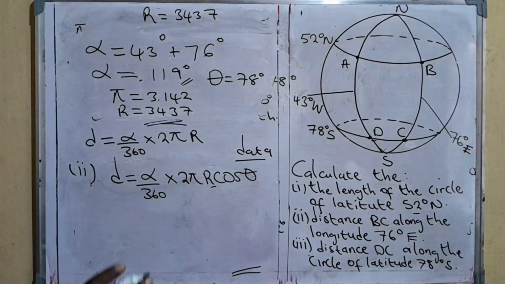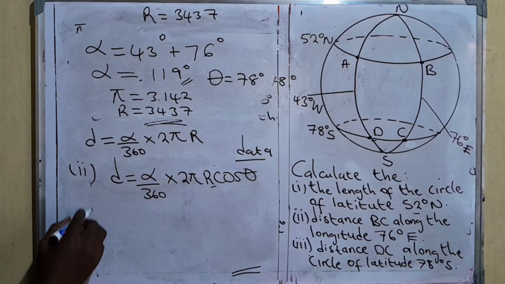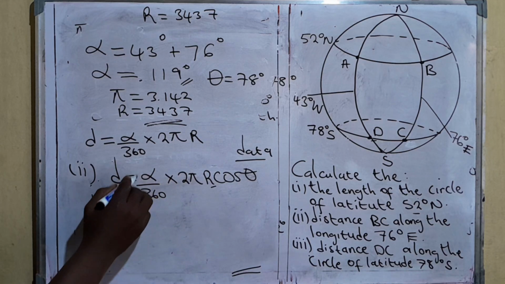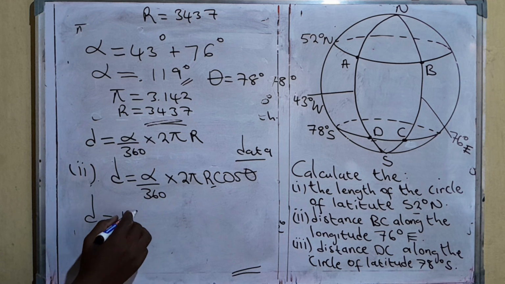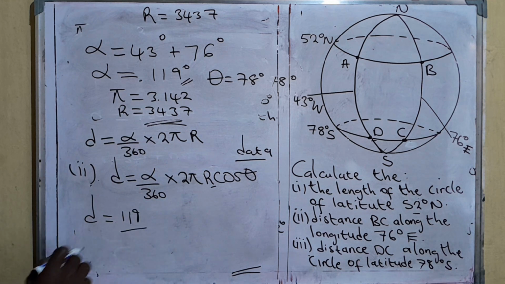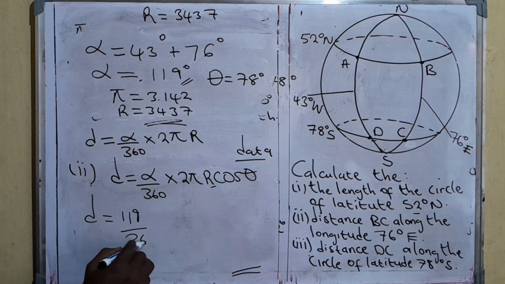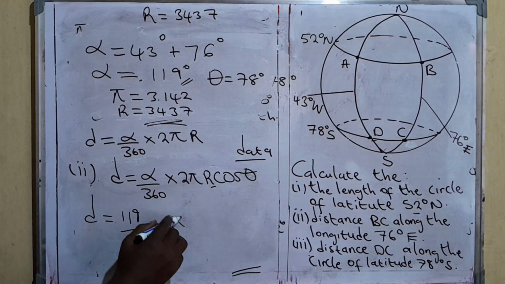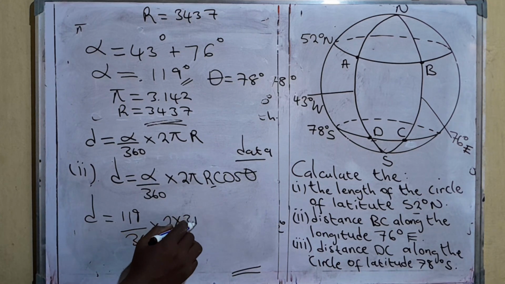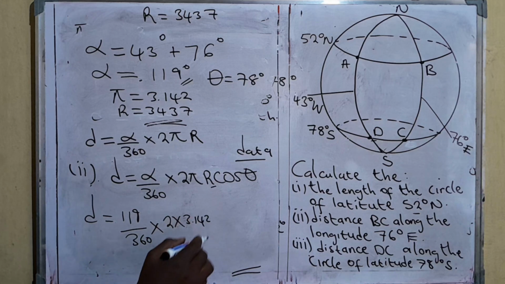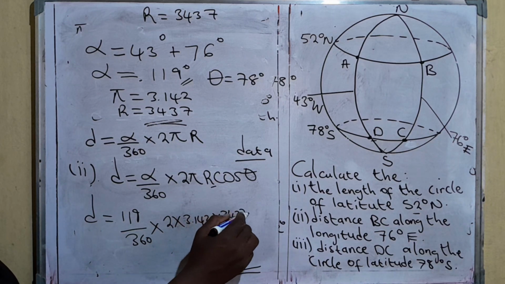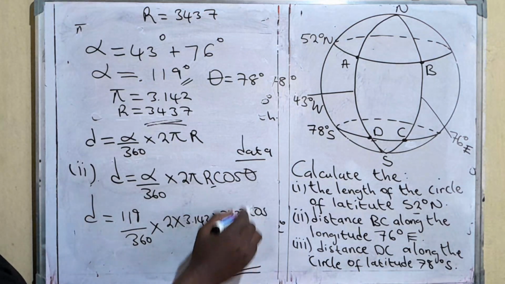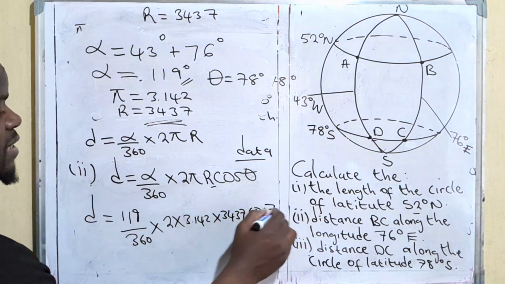We can now plug all those values into the equation. Distance is equal to the difference in longitudes, determined as 119, over 360 times 2 times 3.142 times 3437 times cos 78 degrees.